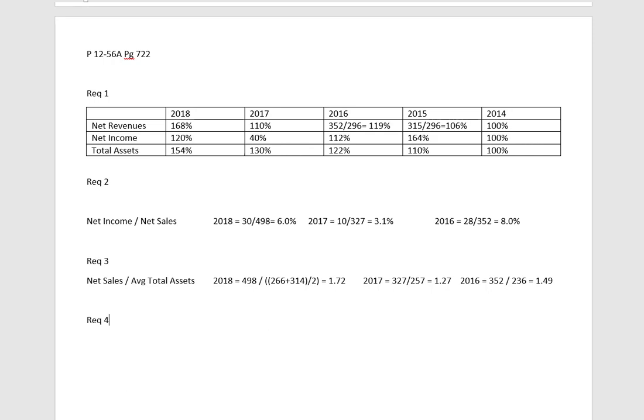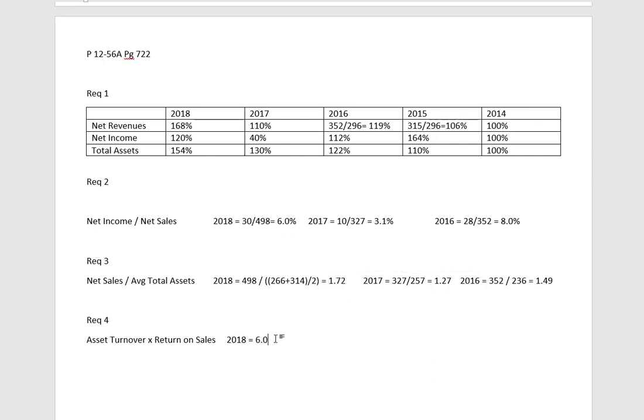So requirement 4 asks for using DuPont analysis to calculate the rate of return on average total assets for 2016 through 2018. Okay, and so for DuPont analysis, I'm going to take my asset turnover, which I calculated, and multiply it times my return on sales, which I also calculated. So for 2018, I'm just going back up here. I'm going to take the 6% and the 1.72.